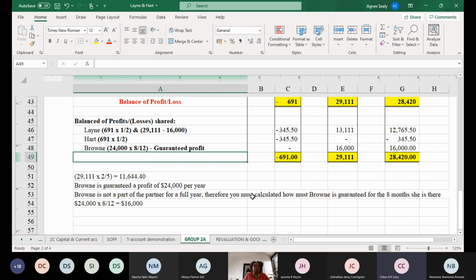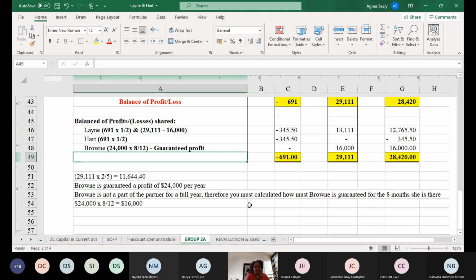If there wasn't a guarantee, you would do the profit sharing ratio: Layne would have gotten the 3/5 and Brown would have gotten the 2/5, that $11,644.